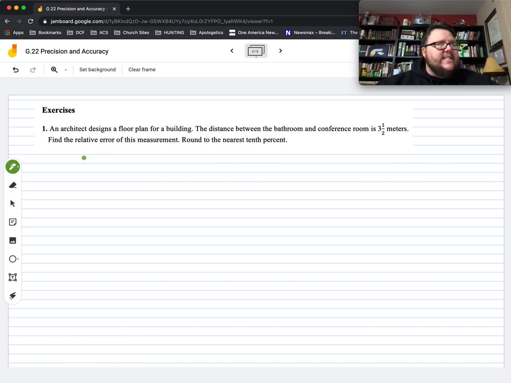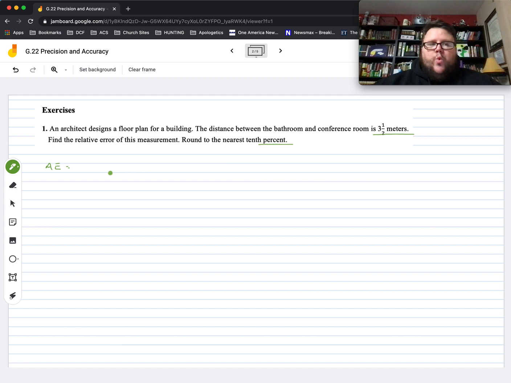So we're going to look at this example. An architect designs a floor plan for a building. The distance between the bathroom and the conference room is 3.5 meters. Find the relative error of this measurement. Round to the nearest 10th percent. Okay, so we're going to start off with finding our absolute error. So I'll put AE equals.